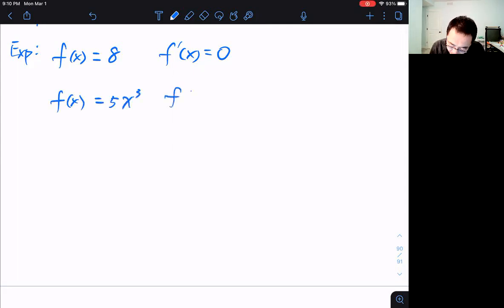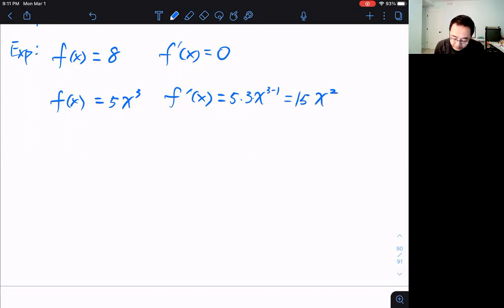Well, then the derivative is 5 times, you bring the original power for x down, and then times x with the original power minus 1, which is 15x squared.